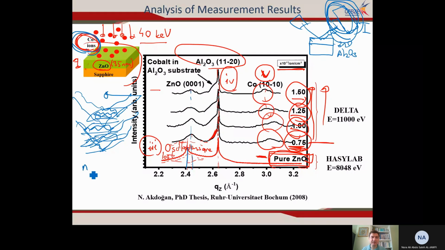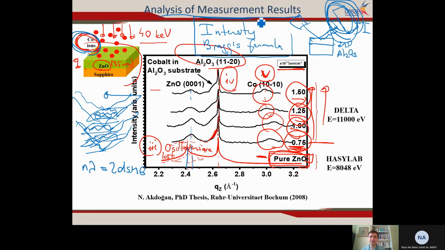So look at Bragg's formula. What I have told you is that if you would like to analyze X-ray diffraction data, you have to consider two things, intensity and Bragg's formula. By using these two pieces of information, you can analyze everything within this data, more or less.